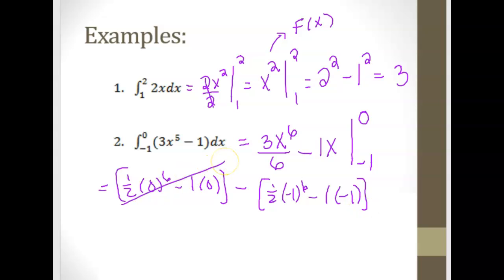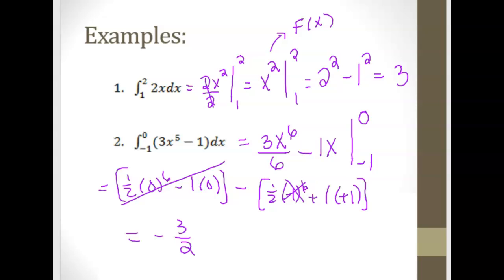So that zeroes out. Anything to a power that is even is positive, so this is 1/2. A negative times a negative is a positive, so you get 1/2 plus 1. So the final answer is negative 3/2.